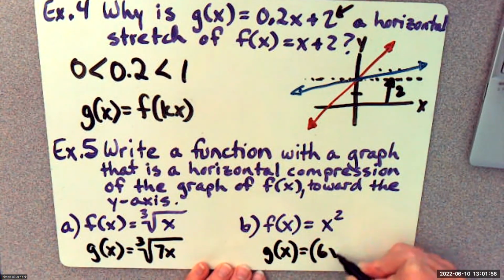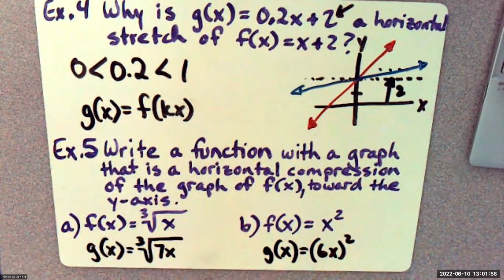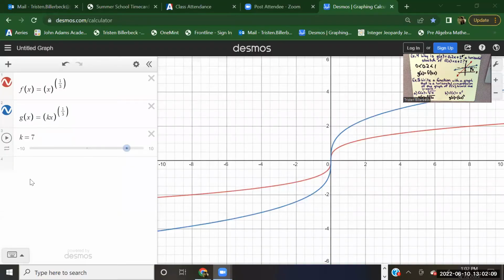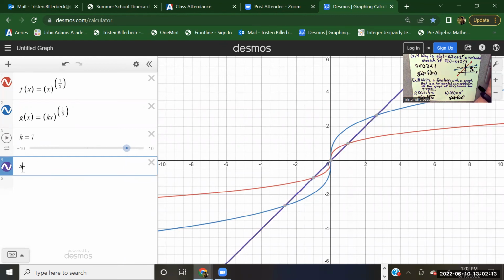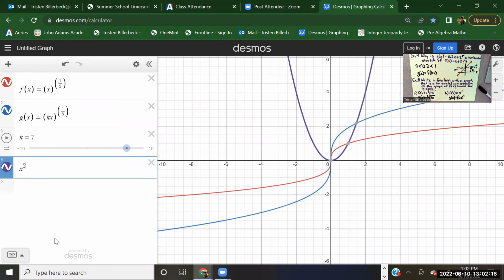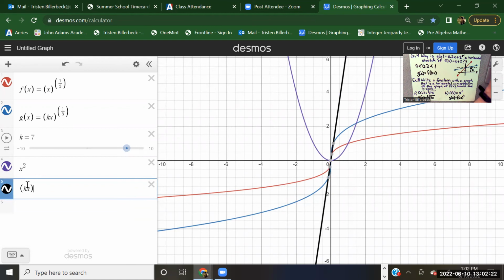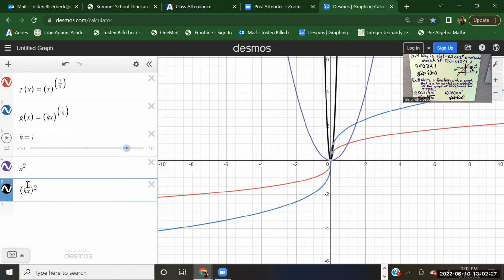We'll put 6x squared here, where this is a horizontal compression, moving away from the x-axis and toward the y-axis. So let's put that in there. We have x squared as our purple, but then down here we have parentheses kx in parentheses, and then we're squaring it. Look at that.